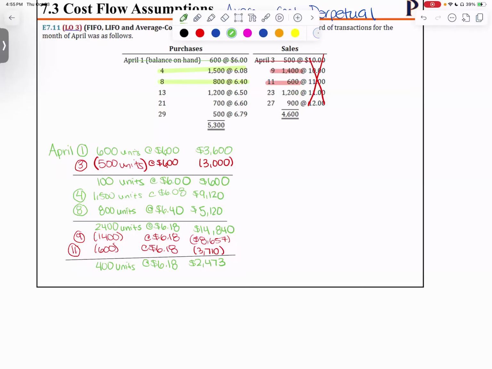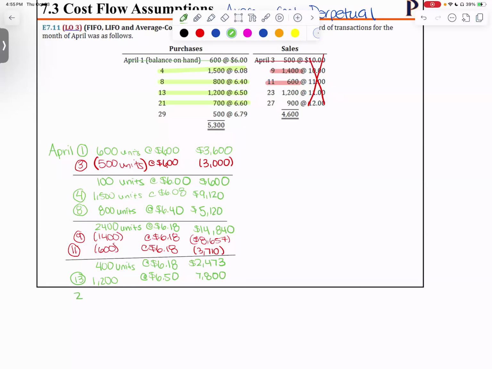Okay, so our next transaction, we can see that we have an additional 2 purchases before our next sale. So we're going to add both of these sets of purchases into our inventory account before we recalculate our weighted average cost. We have a purchase on the 13th of 1,200 units at $6.50, so our total price for this purchase was $7,800.